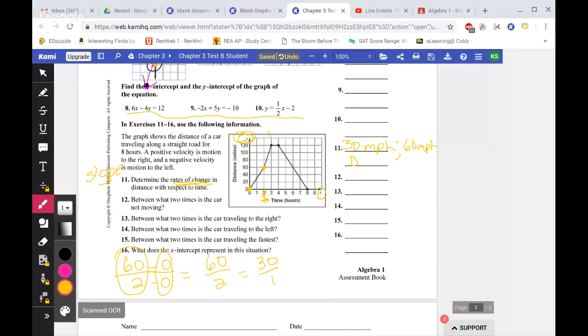So our first rate of change was 30 miles per hour. Now, the coordinate for this one is 3 and 120. And we're comparing it to this one that we've already determined is 2 and 60. That's the ordered pair.